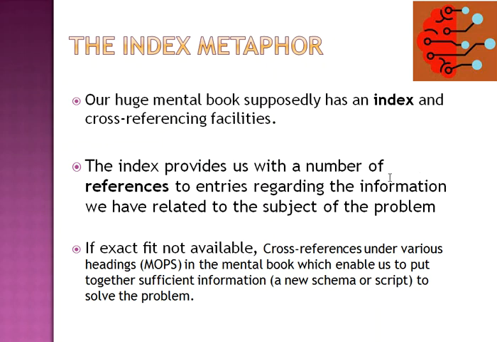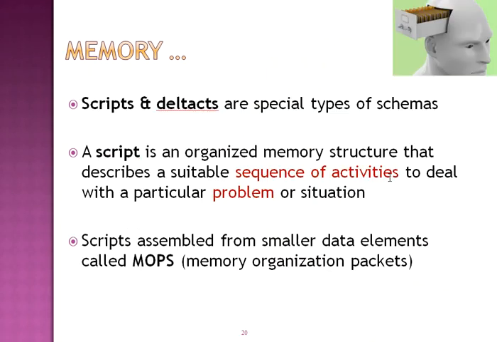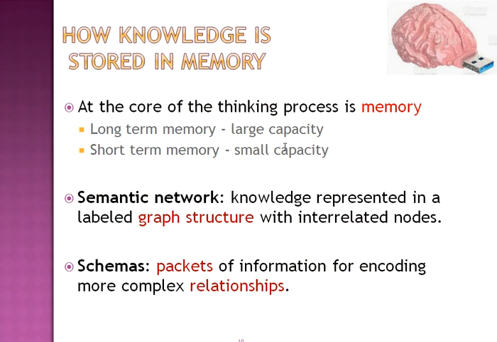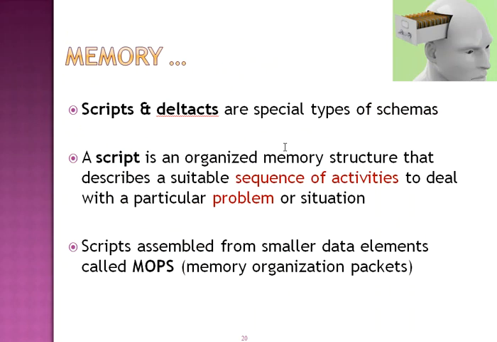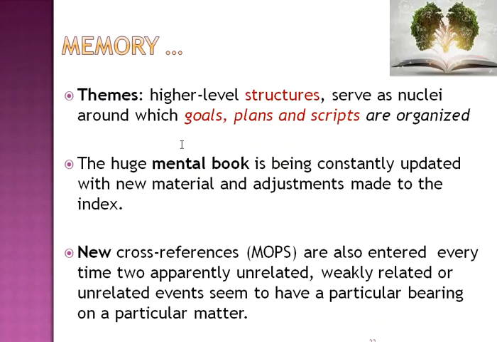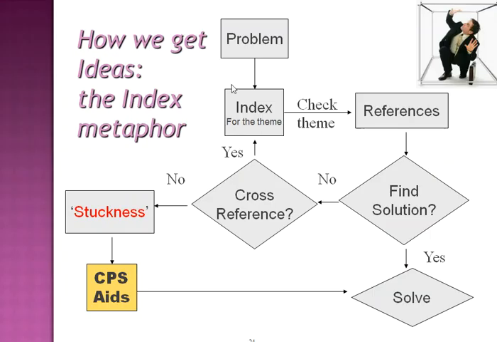This is the model, the explanation, the discussion of how information is processed in our mind. Let's sum up with a diagram that shows exactly where creativity is in this situation. Creativity comes whenever you have a stuckness, some problem, you don't find a script and you need a deltact or something. You don't have information to compare with this. So let's look at this.